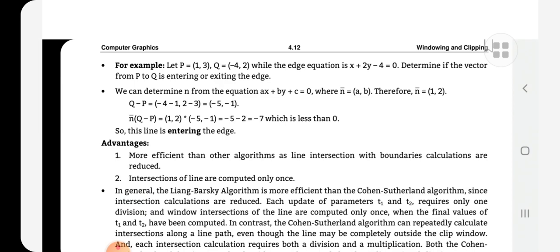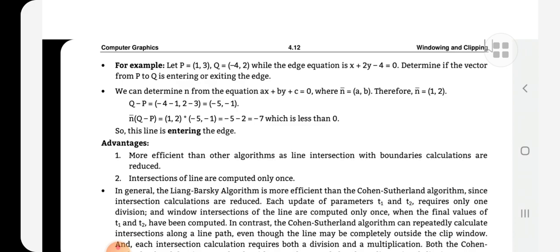So we can determine n from the equation ax + by + c = 0, where n is equal to (a, b), and therefore n is equal to (1, 2).